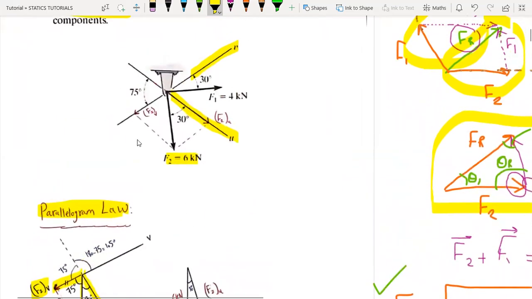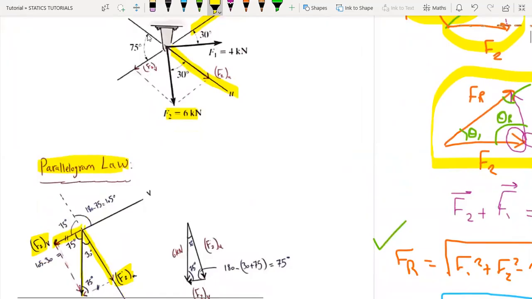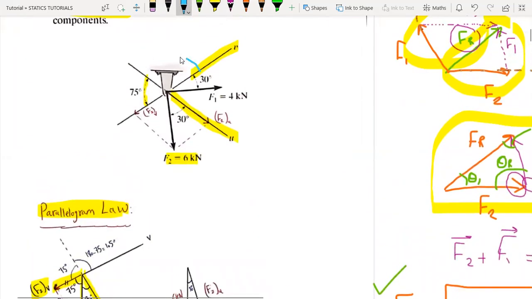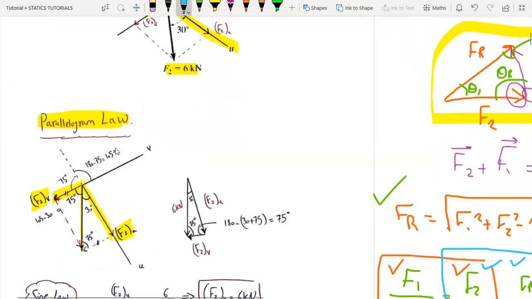So here, let's see what we are given. Here, the angle is 75. So the angle here will be 180 minus 75, which is equal to 105 degrees. Okay, 105 degrees. So here is our axis.